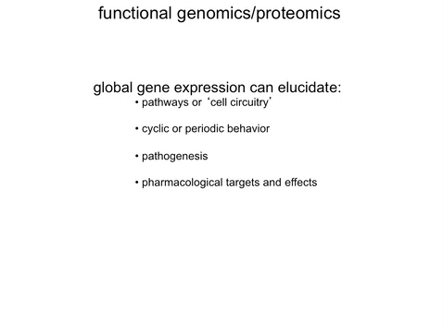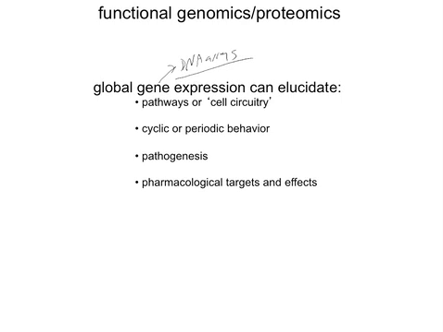The examples that I'm going to show you over the course of the next few slides all aim at showing how global gene expression, so of course most of these slides are going to be DNA arrays, how we can learn about the cell cycle, periodic behaviors, as well as the pathways that are involved in particular pathologies, the cell circuitry and how that cell circuitry responds to the administration of particular drugs.